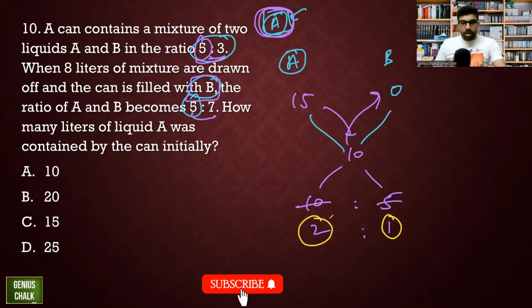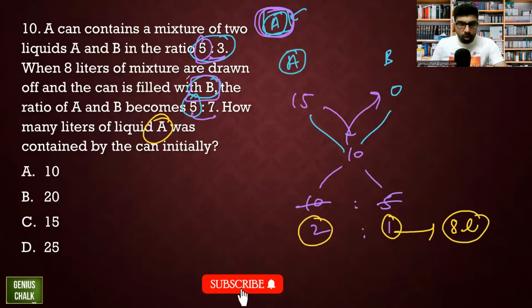So it is not asking how much you are replacing, but it is saying the total initially. So you see, one value is 8 liters, which is what we have replaced, right? 8 liters of mixture is replaced with B. So if 1 is 8, what is 2? 2 has to be 16.